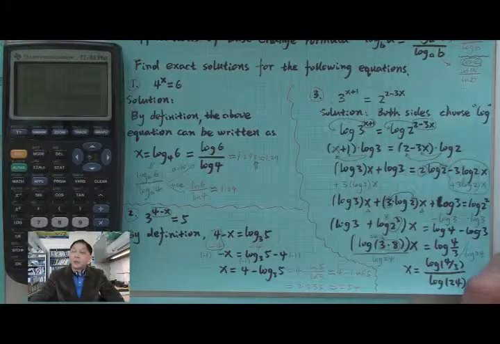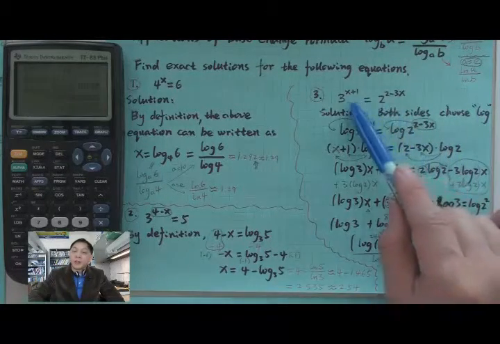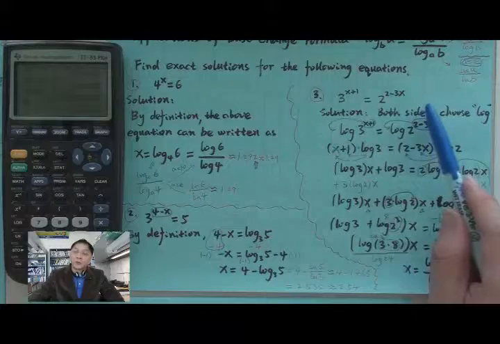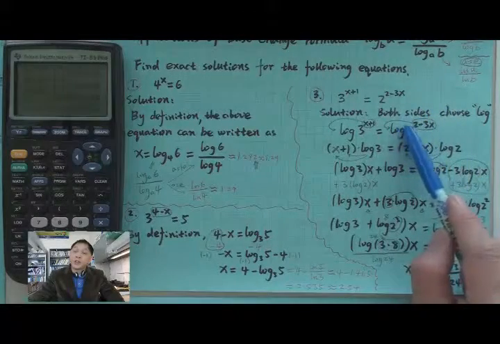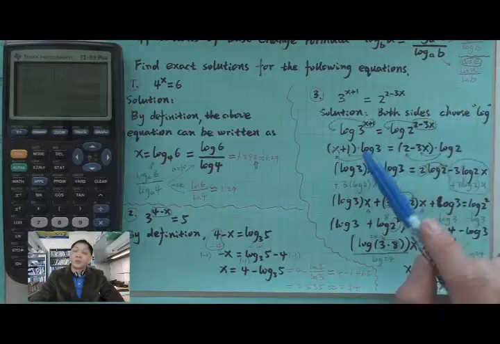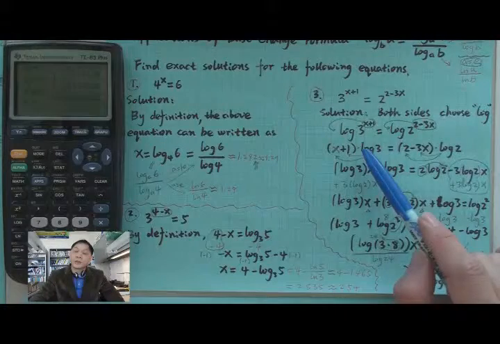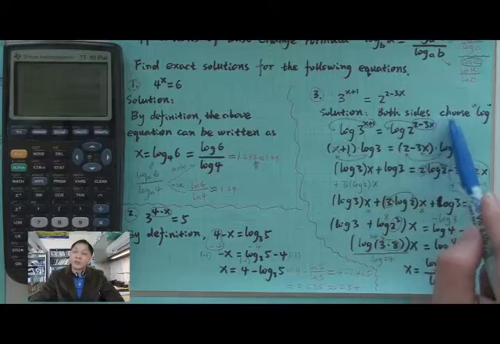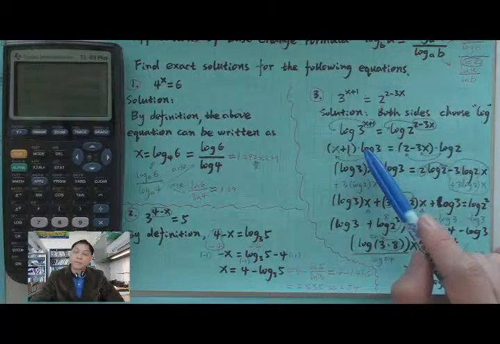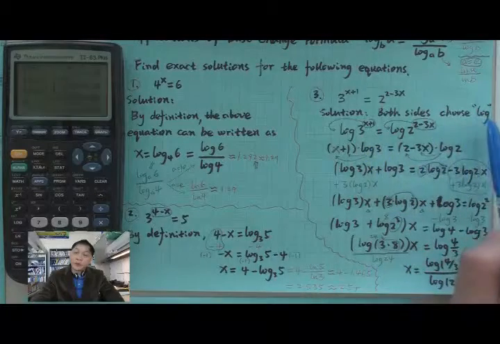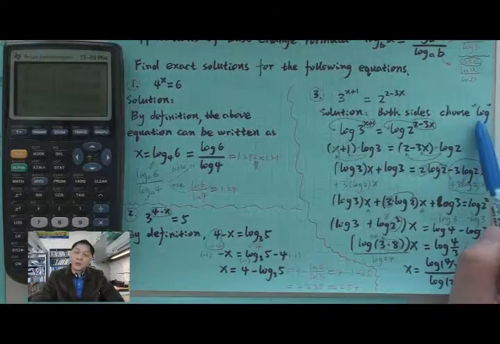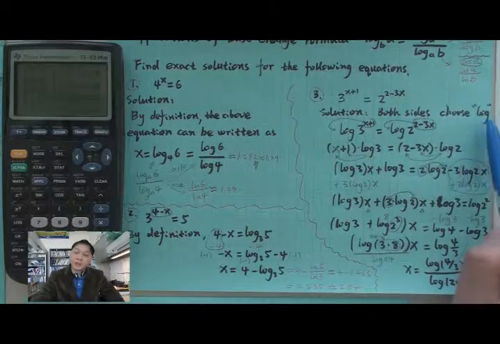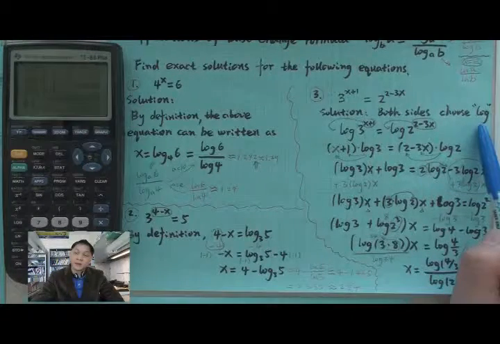The typical way to solve exponential equations is to choose the logarithm function on both sides. That's the technique. You may choose natural log, or you may choose log base 10. Here we choose log base 10.